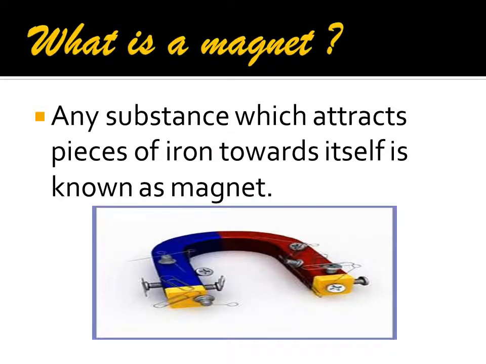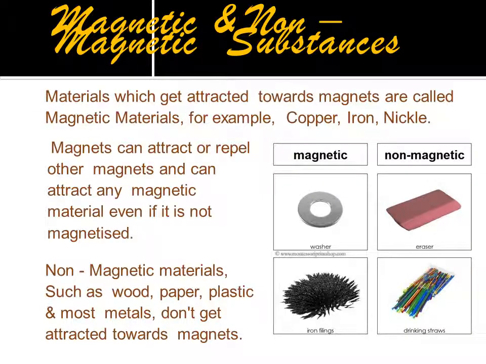So any substance which attracts a piece of iron or other related metal towards itself is known as a magnet. Now, to know the magnet, first of all we must know what magnetic and non-magnetic substances are.